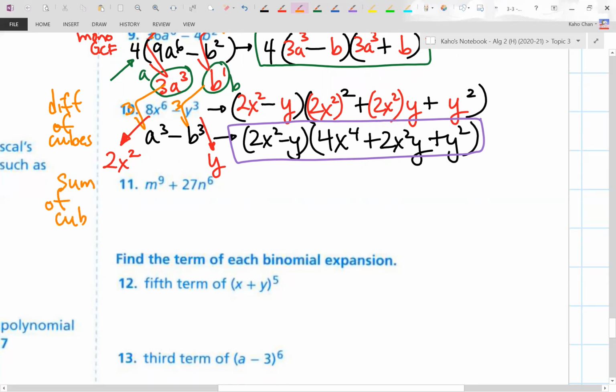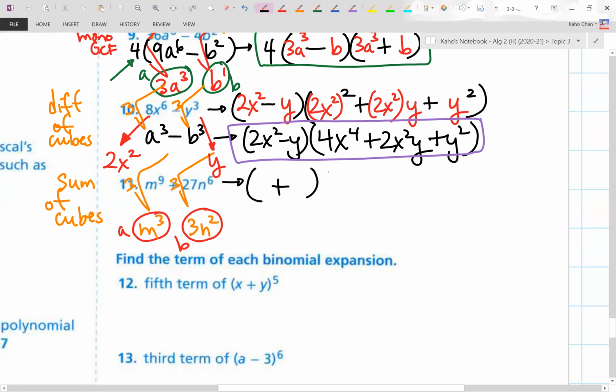And in fact it is. M to the 9th is cube rootable. When you cube root m to the 9th, it is m, take 9 divided by 3, it's m cubed. That's your a value, okay? And if you cube root 27 n to the 6th, you'll get 3n squared. There, ladies and gentlemen, are your a and your b values to be plugged into the formula from earlier.